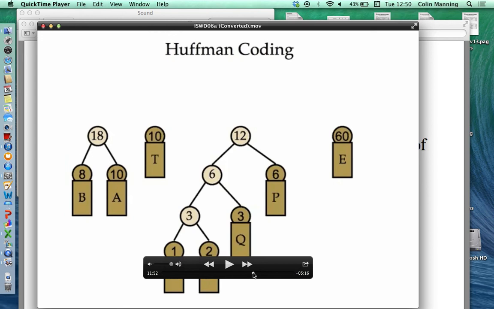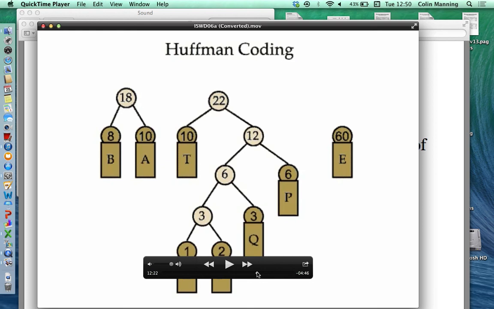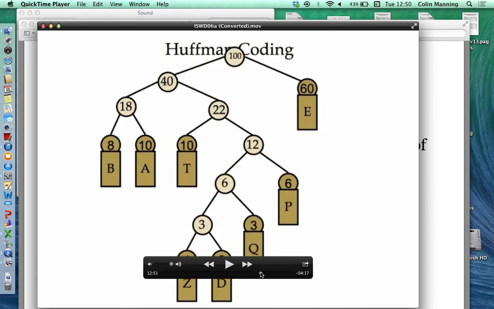When we sort those, we'll have 10, 12, 18, 60. The 10 and the 12 will get merged, giving us 22. We'll end up with an 18, a 22, and a 60. The 18 and the 22 will merge together to make a 40, and then with the 60. And finally, we have our tree built.